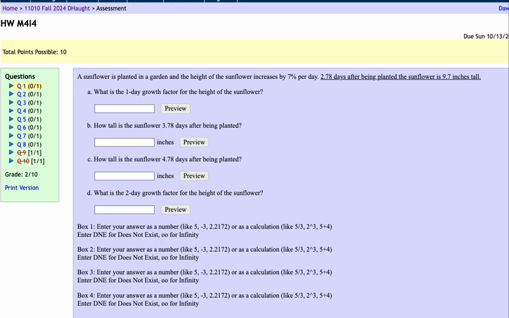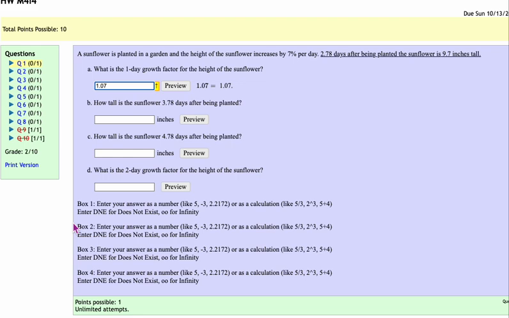If it started out at 100% and if it went up by 7%, what is now our new percentage? 107. You just need that decimal. So I believe what they want in this first spot is just that 1.07.